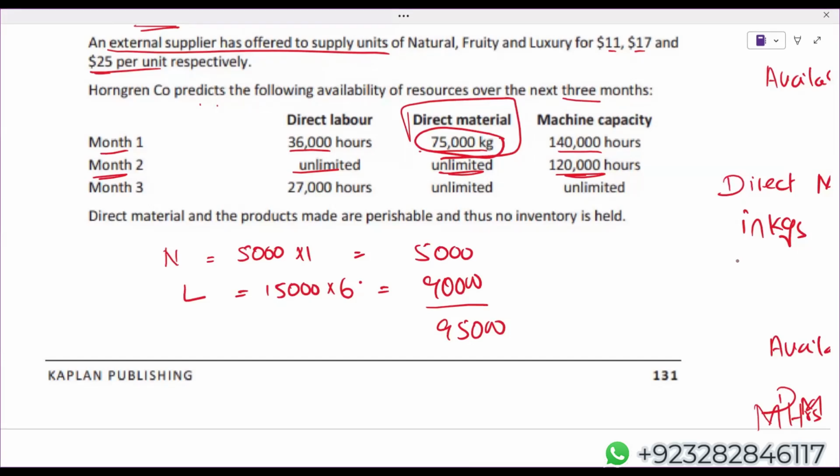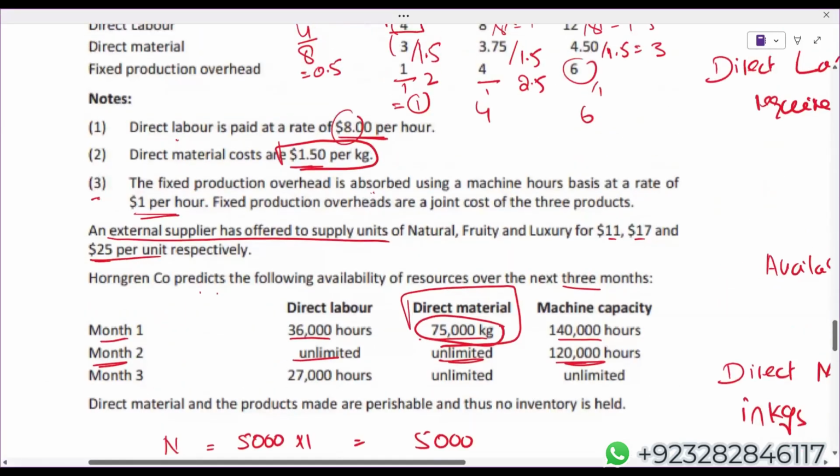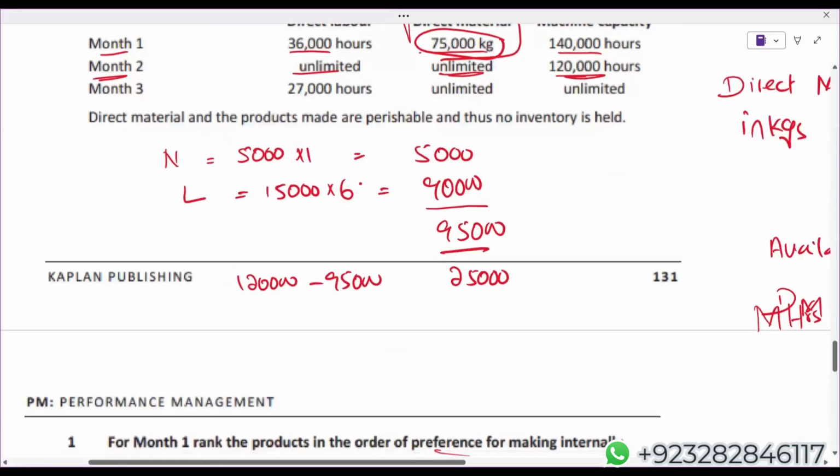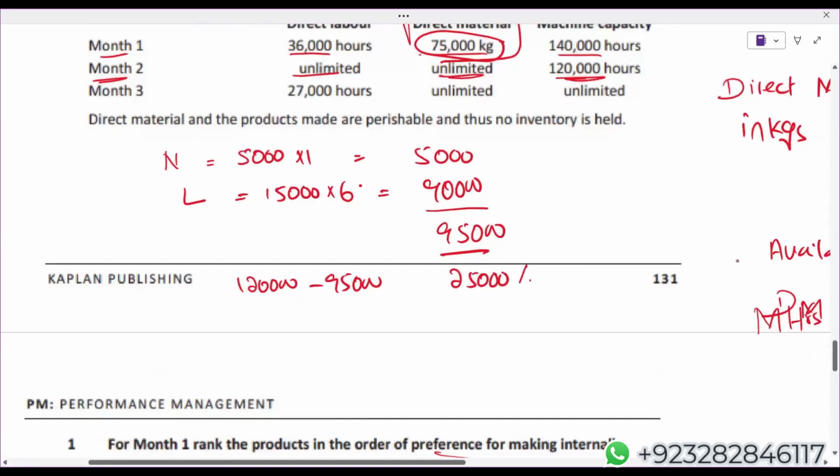So how many hours will be available to manufacture fruity? 1,20,000 minus 95,000. Logically, we will have 25,000 hours to manufacture fruity internally. 1 unit of fruity takes 4 machine hours. So simply 25,000 divided by 4. I'm getting 6250 units. Now try to understand.